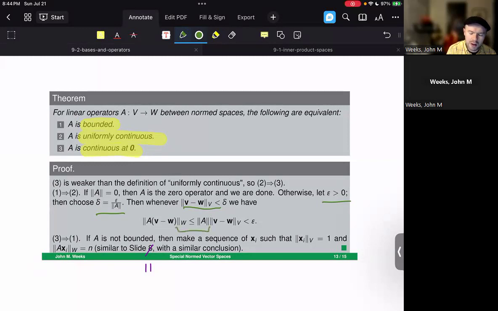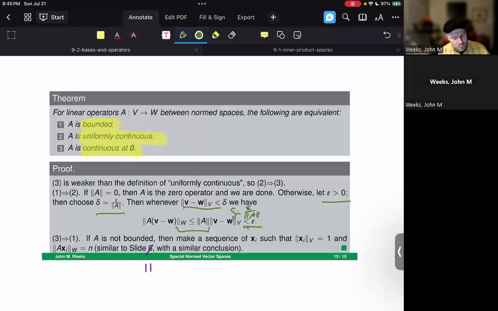And we're going to use that inequality that we were talking about from before, the one that allows us to submultiplicatively take apart the norm of A times V minus W. Once we take that apart, we have the whole thing, because this gets replaced with delta, or something less than delta, which is equal to epsilon over the norm of A. So the norms of A cancel, and I'm left with epsilon.